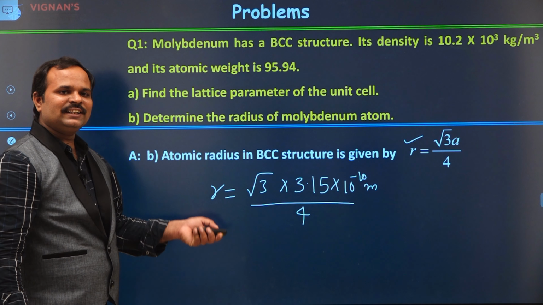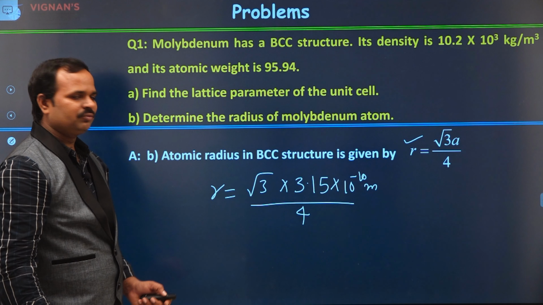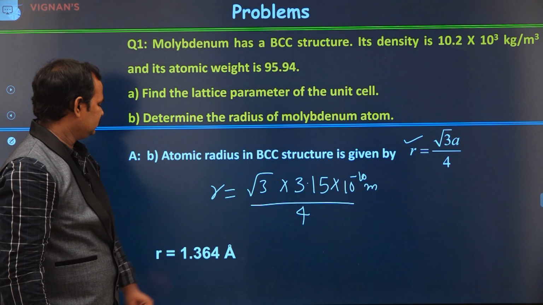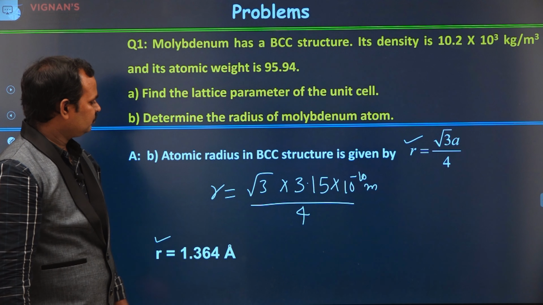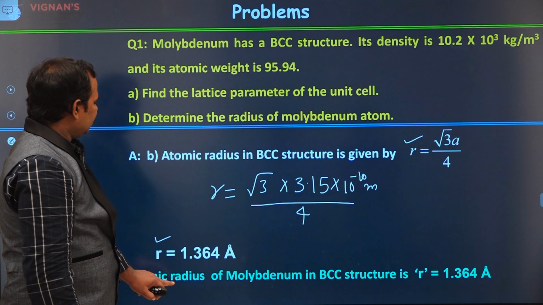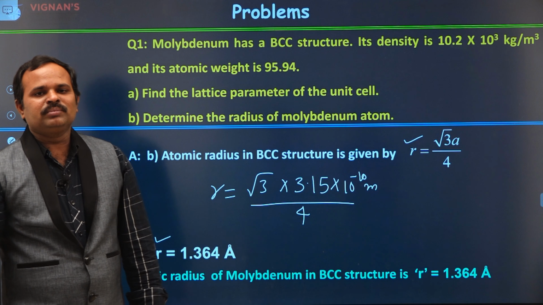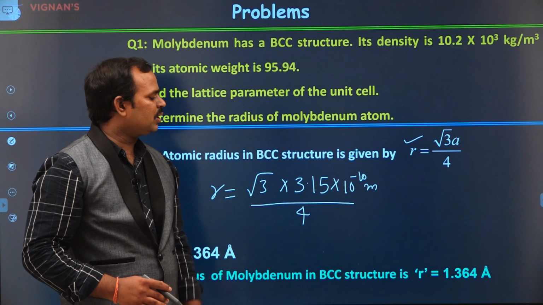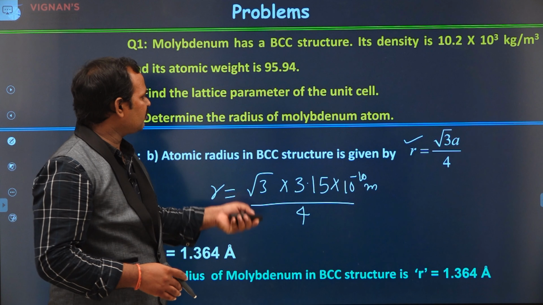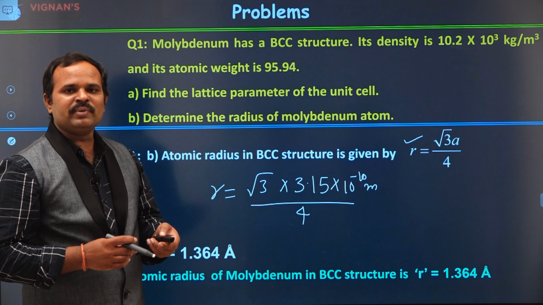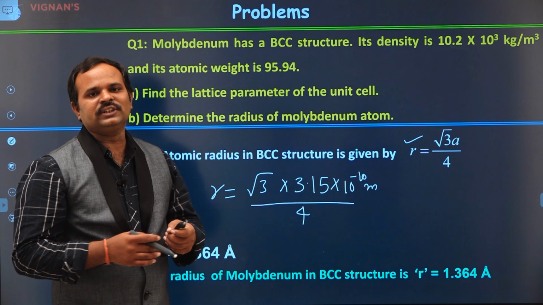If you calculate this, we get the atomic radius R is equal to 1.364 angstrom units. So the radius of the molybdenum atom in the BCC structure is 1.364 angstrom units. This is how we can calculate the atomic radius and the lattice parameter of the unit cell using these relations.